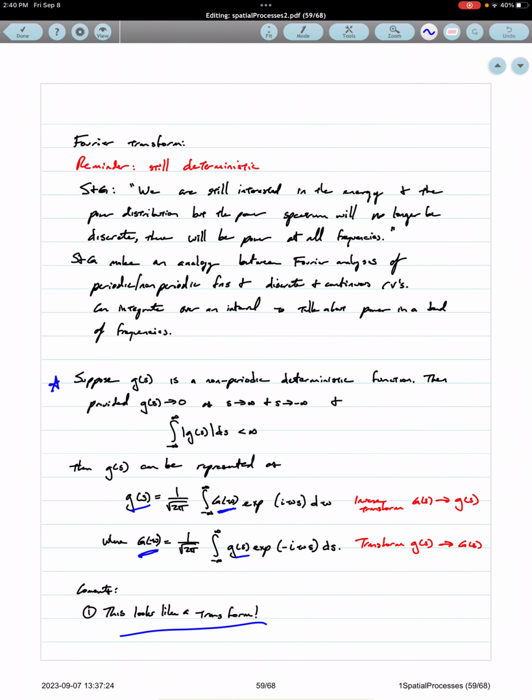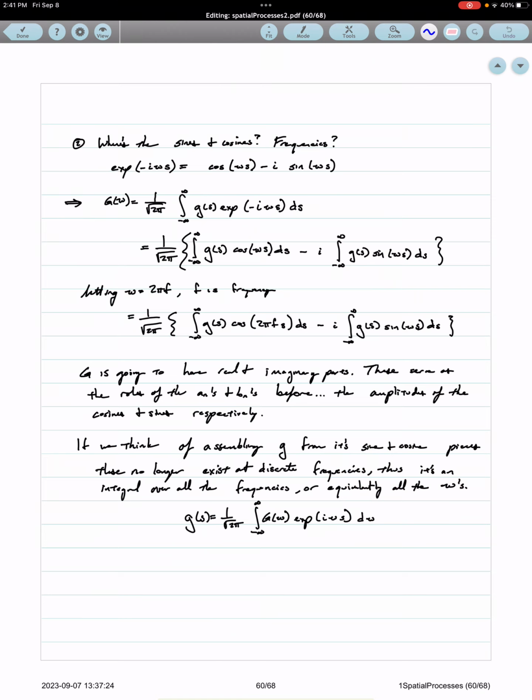Now, when you hear the word Fourier, you should think frequencies. We said we're interested in power distribution, so where are the frequencies here? It may be obvious to you, but you may have forgotten. The frequencies, the sine and cosine waves, are inherent in this definition because e to the i omega s is equal to cosine of omega s minus i sine omega s.